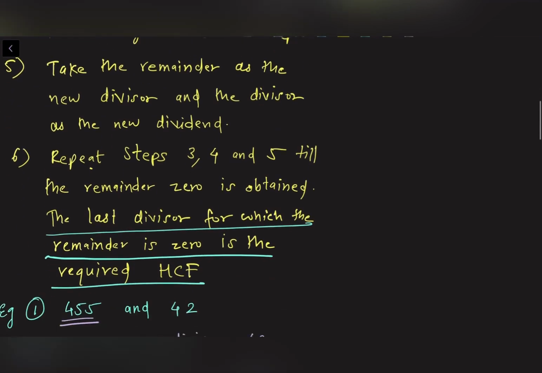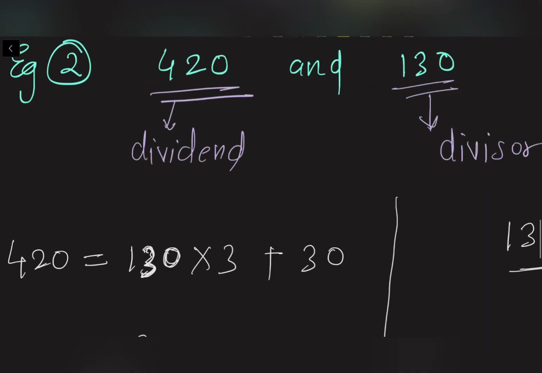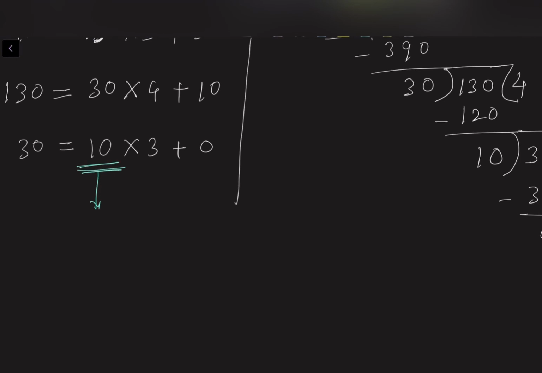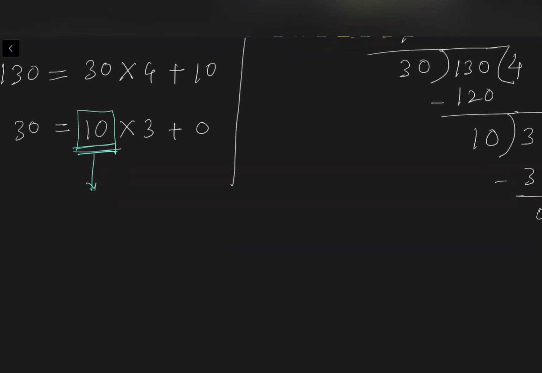So for this divisor, that is 10, I got remainder 0. That means my HCF is 10. So the HCF of 420 and 130 is 10.